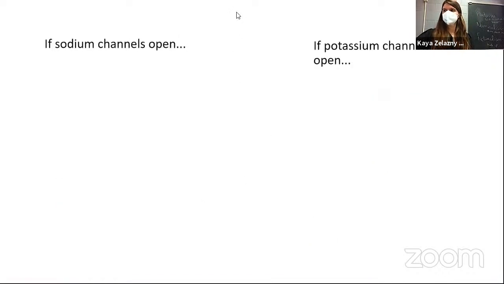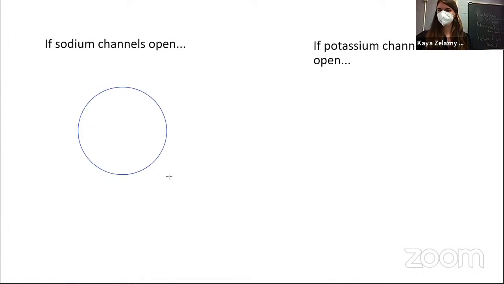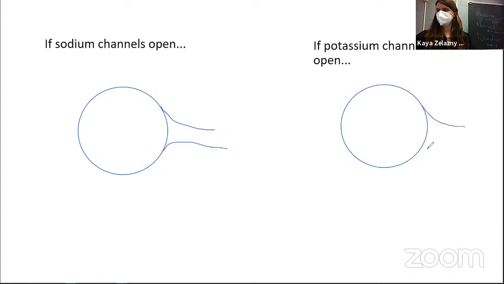So now we will draw another little cell, and go ahead and draw along with me. This time, let's give it an axon hillock and the beginning of an axon, just so we know that exists.